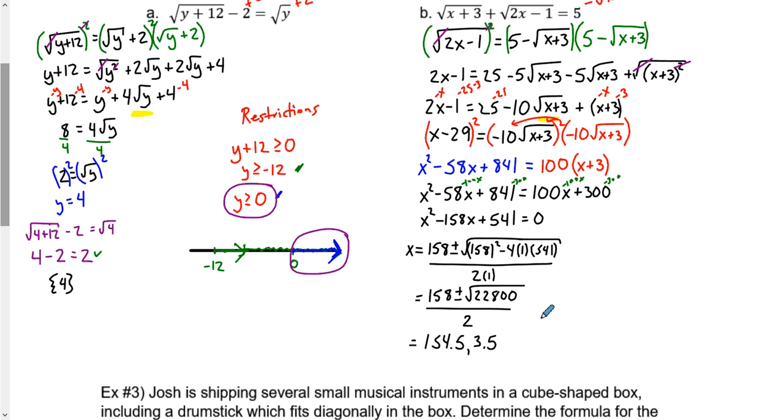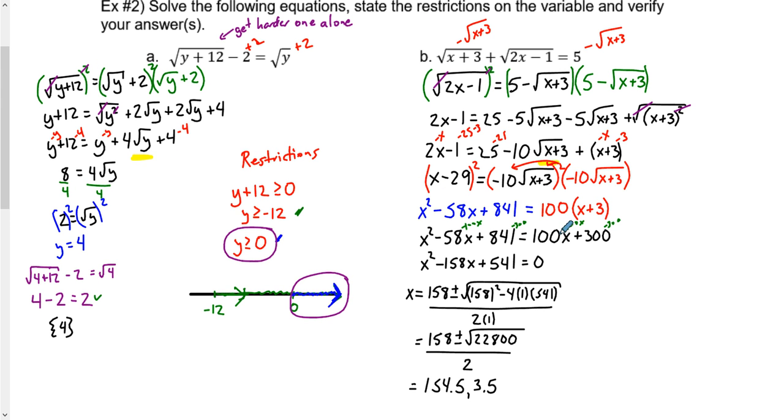We're not going to worry about checking these ones. Oh, sorry, we'll just kind of visually check. Square root of 154.5 plus 3, so square root of 157.5 is going to be a much bigger number. So we already know that square root of 144 is 12.